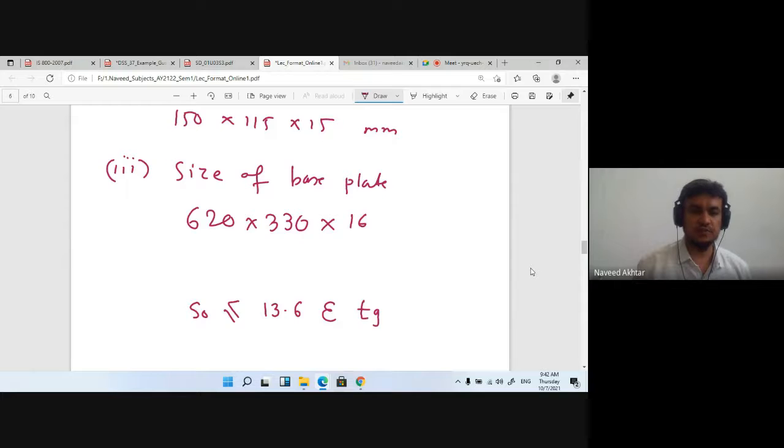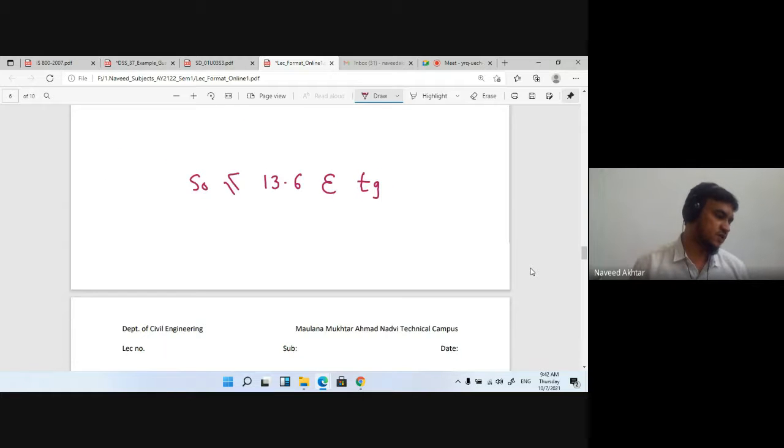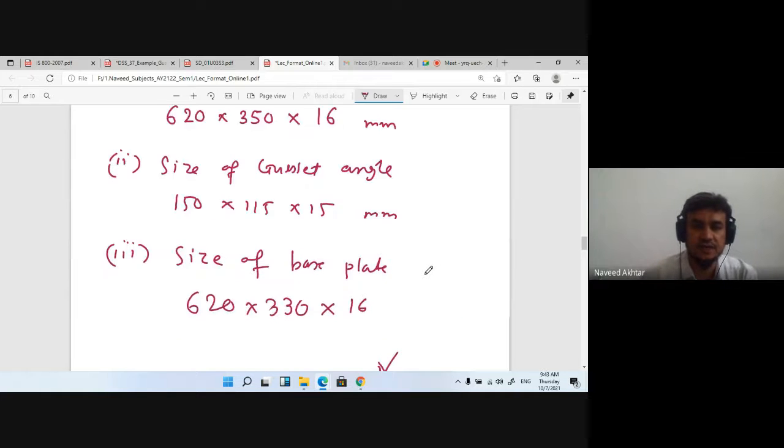Tg is the thickness of plate. You can calculate this from the geometry. This Tg should be less than the Tg required. Then it is okay.